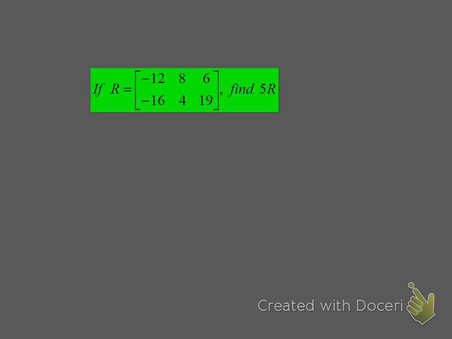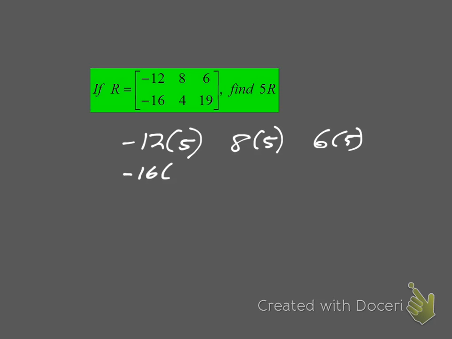Next one. If R equals -12, 8, 6 as your first row, -16, 4, 19 as your second row, find 5R. Just to show the steps this time, your dimensions won't change here, right? You're just multiplying -12 times 5, 8 times 5, 6 times 5, 16 times 5, 4 times 5, and 19 times 5.